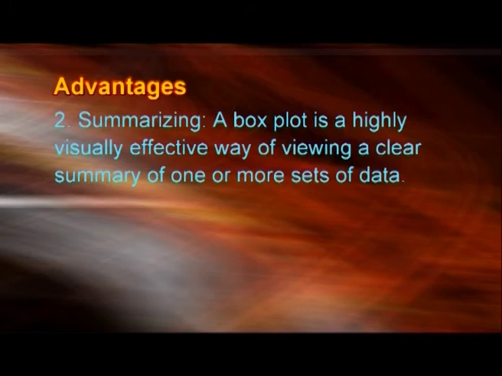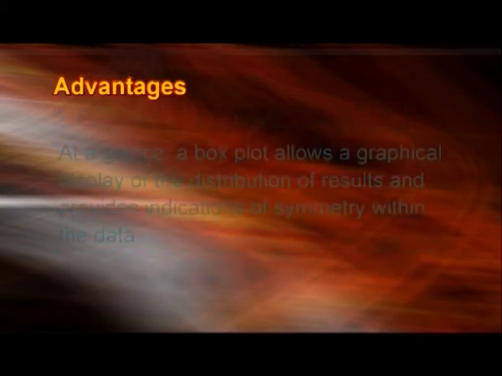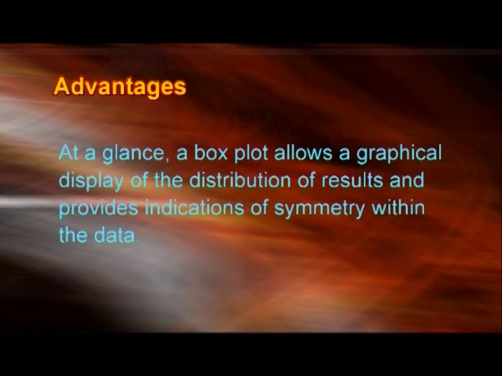A box plot is a highly visually effective way of viewing a clear summary of one or more sets of data. It is particularly useful for quickly summarizing and comparing different sets of results from different experiments. At a glance, a box plot allows a graphical display of the distribution of results and provides indications of symmetry within the data.